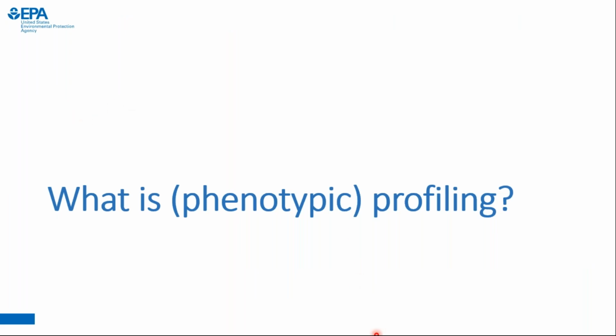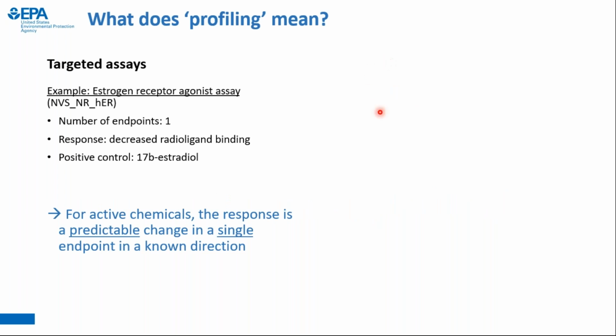So what is phenotypic profiling, for those of you who are not familiar with it? Profiling assays are different from more well-known targeted assays. In targeted assays, you usually measure one or a few endpoints. I picked here as an example an estrogen receptor agonist assay of the ToxCast battery.